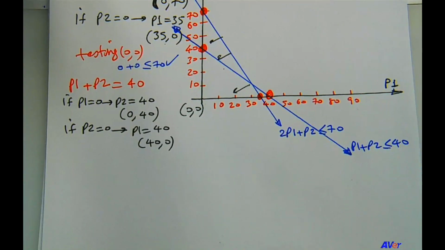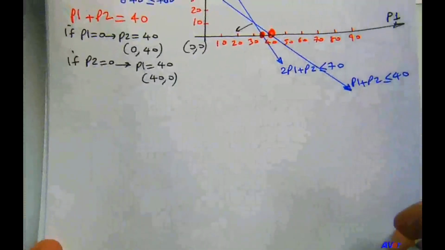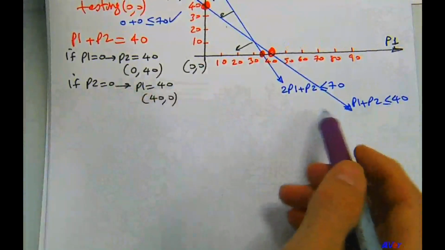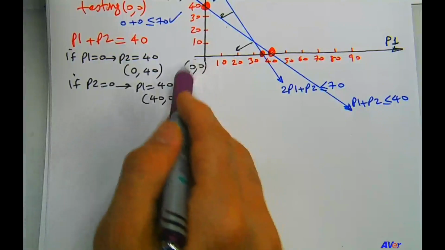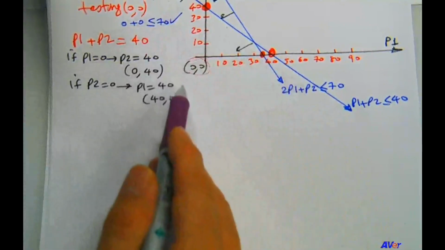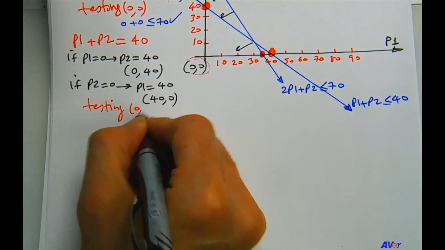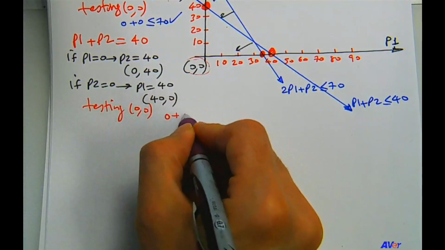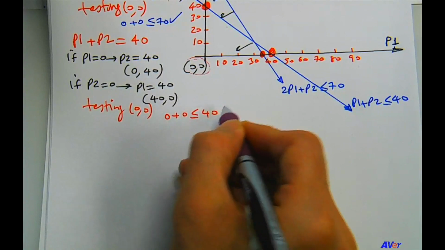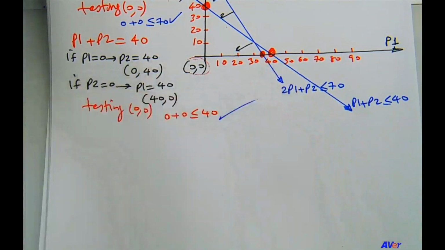Once again, we can pick a test point, right? And the test point can be the origin again, because this line does not go through the origin. So testing 0, 0, we have 0 plus 0 less than or equal to 40, which is a true statement.